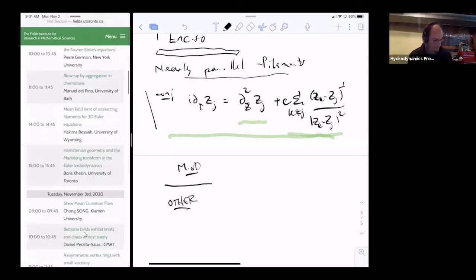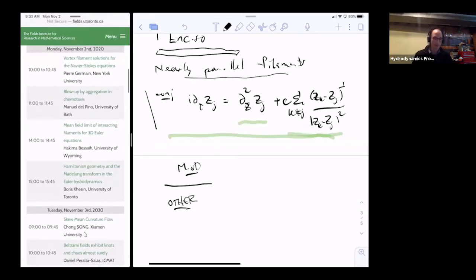He's the second talk this morning. And so Manuel will talk about things that actually are not very related to vortex dynamics, but the techniques he uses are the same ones used in the work of himself and Wei and collaborators on leapfrogging, which will be discussed by Wei in a couple of days.